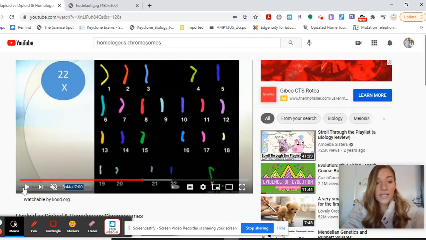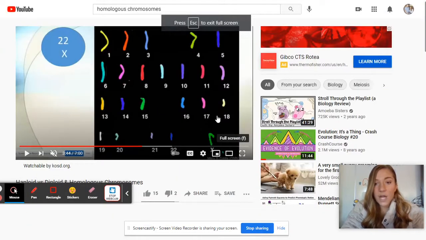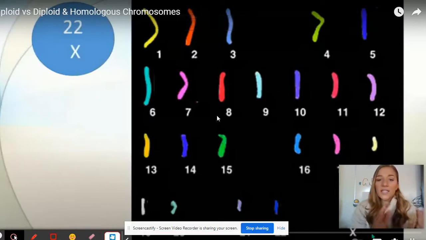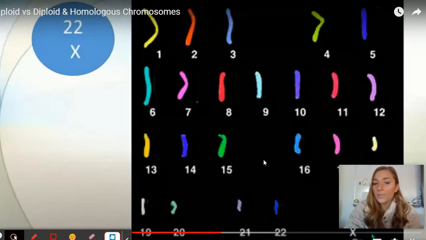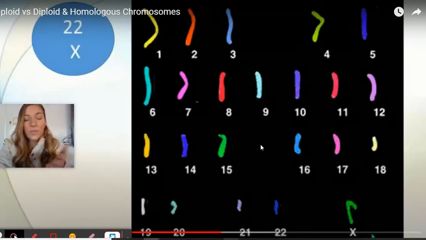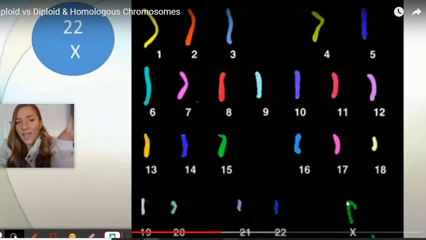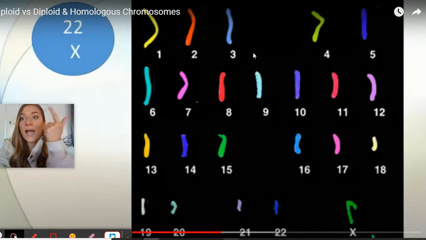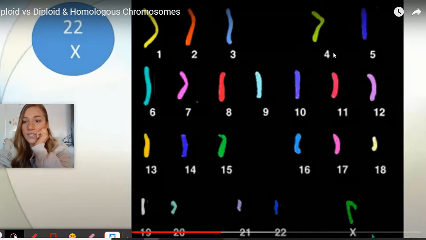So I want you to look at this image real quick and see what I'm talking about. When I say haploid, I want you to understand that you only have 23 different chromosomes. So let me move myself here. You only have 23 different chromosomes, and that includes your little sex chromosome down here. A haploid cell, like eggs and sperm, has 1 of each chromosome, 1 of each one.